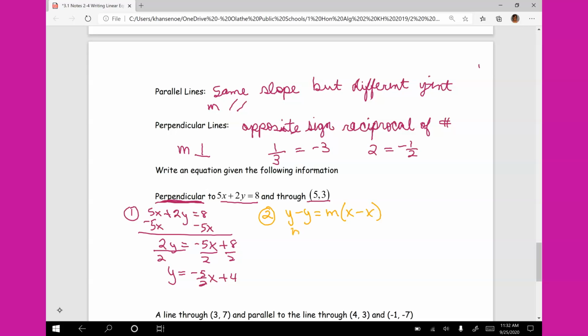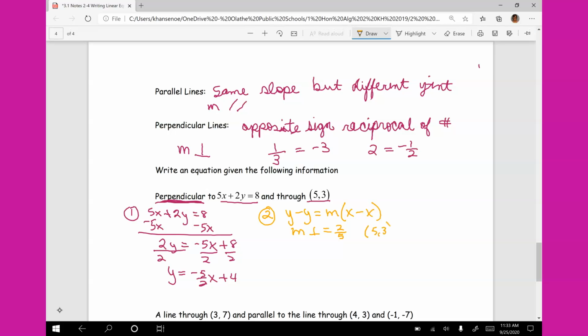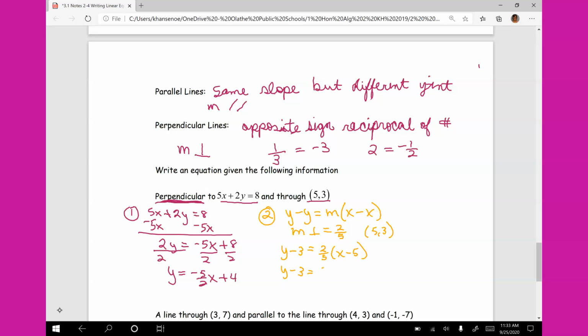So my perpendicular slope would be 2/5, and I'm using the point (5, 3). So y minus 3 equals 2/5 times x minus 5. Y minus 3 equals 2/5 x minus 2. I'm going to add 3. The equation of this line is y equals 2/5 x plus 1.